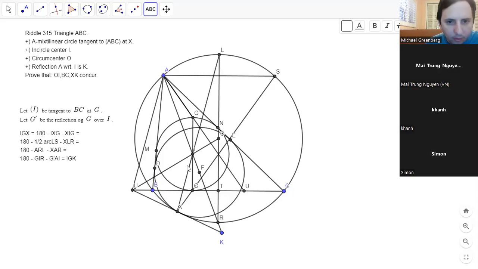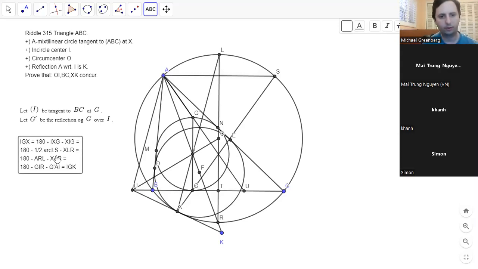And ARL and XAR, that's 180 minus GIR. So ARL is GIR, G prime AI, which is IGK. Okay. So that's the angle chase.